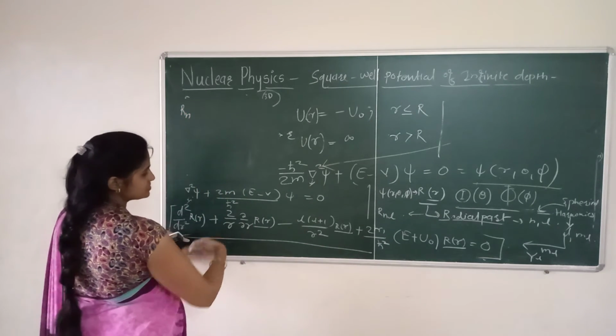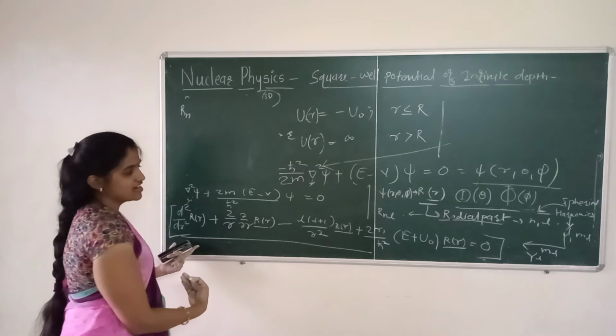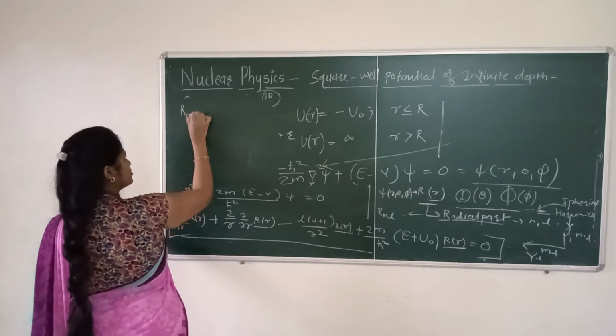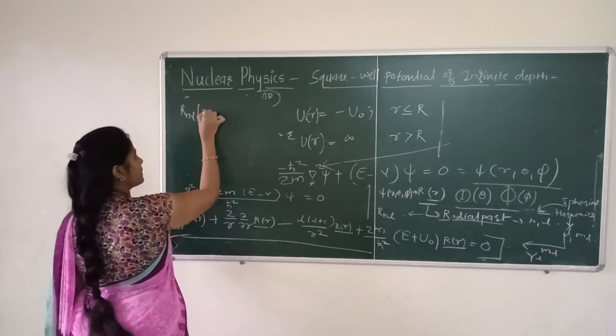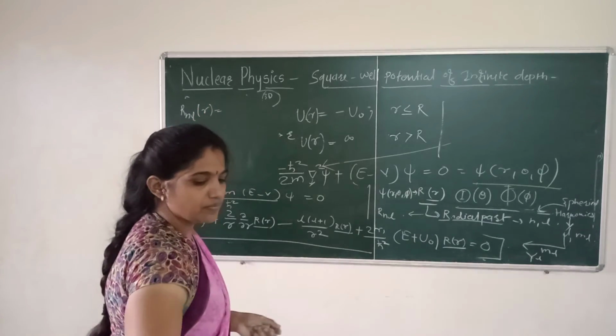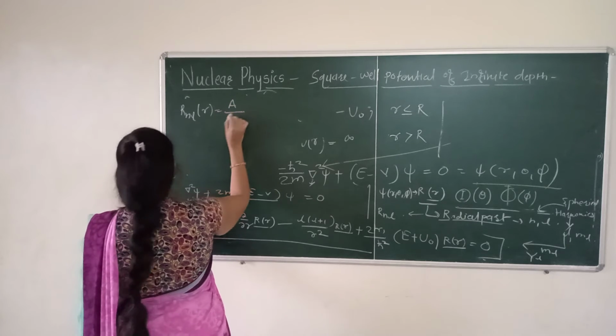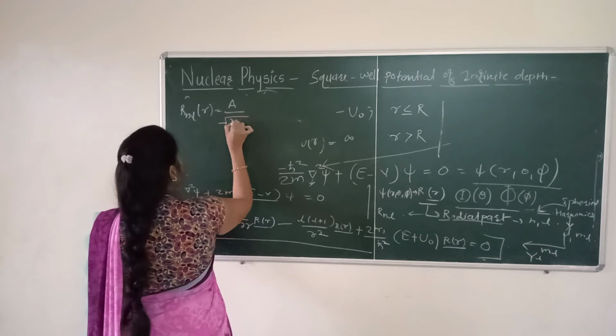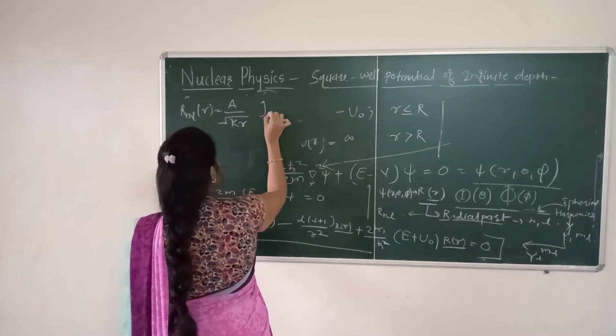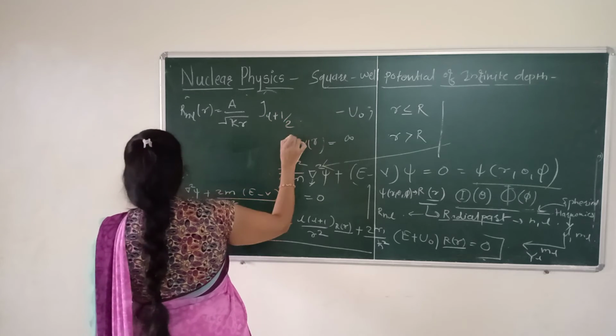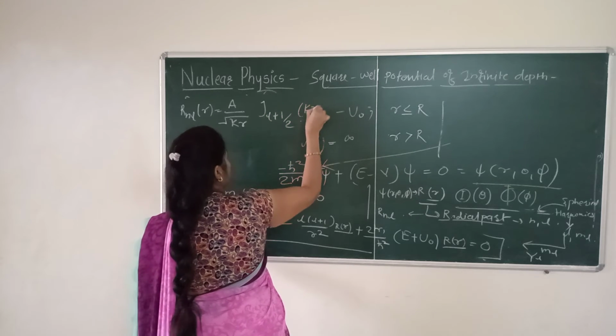When we are solving this radial differential equation, we get the solution which is nothing but a root k r j l plus half k r.